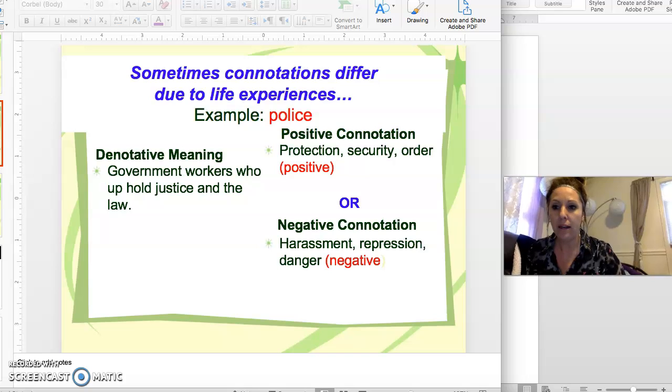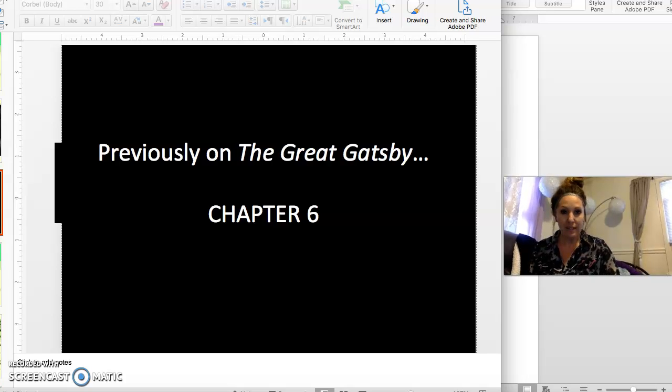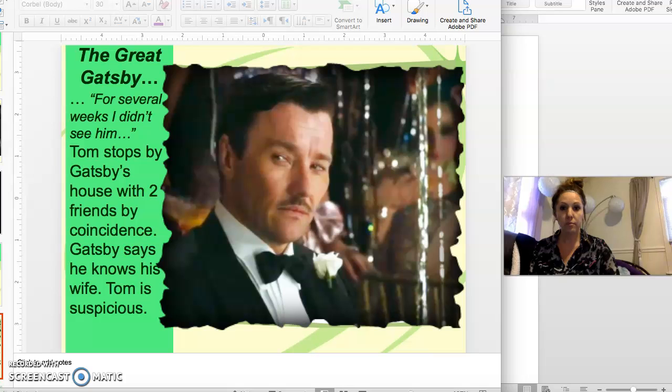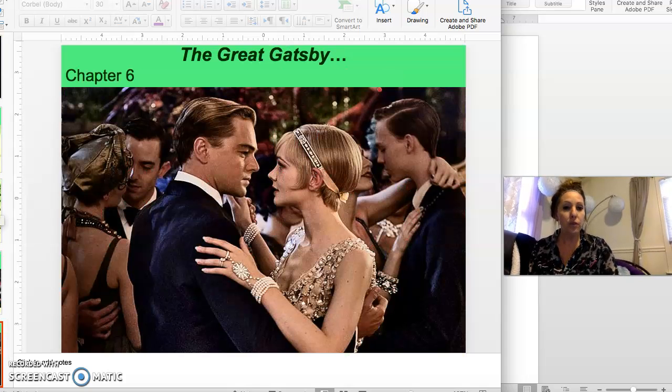So I hope that today was very helpful. And as you read chapter 6, please collect those words to go inside your chem chart if you don't know them. And the words that you find special and interesting because they evoke a strong feeling, explore those in your connotation tracker.